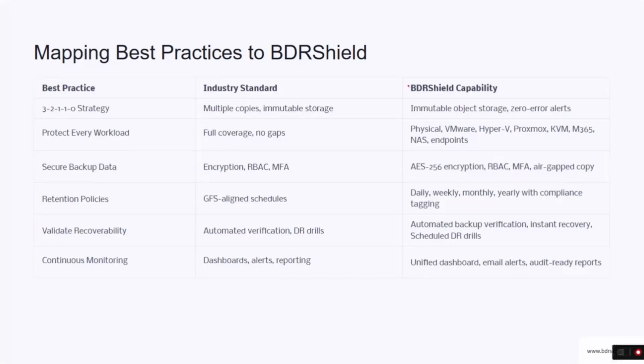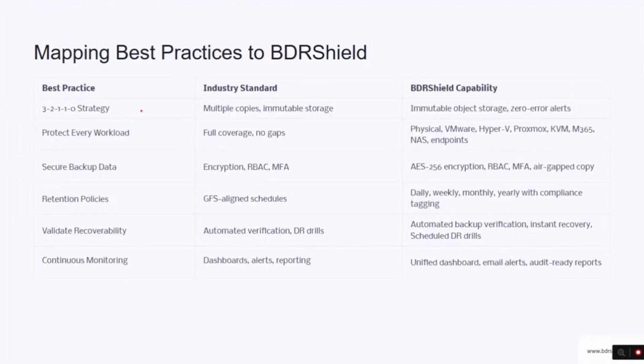Having a 3-2-1 backup policy ensures multiple copies of the data, and you can also have an immutable copy in your immutable storage. That's very important. These are general best practices along with industry standards, and how BDRShield is capable of it is what we have described here.